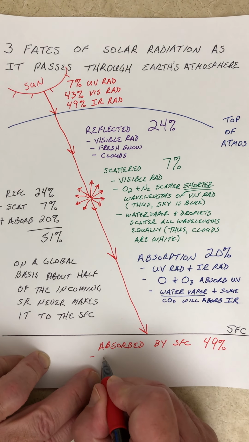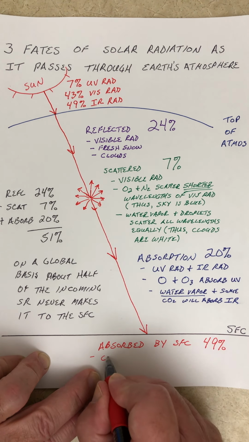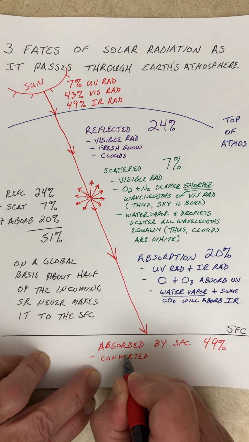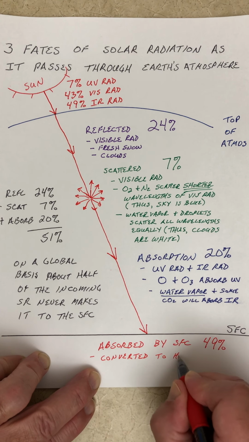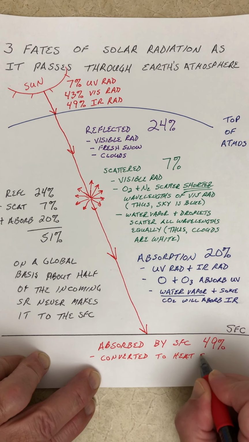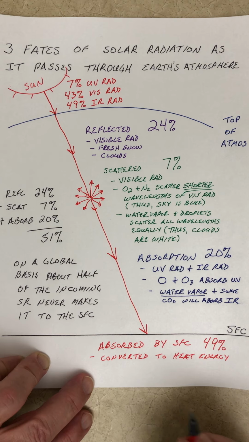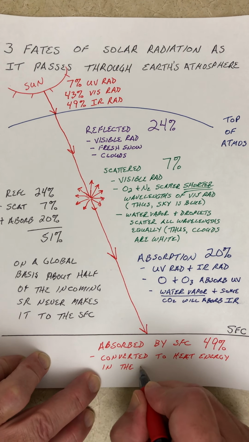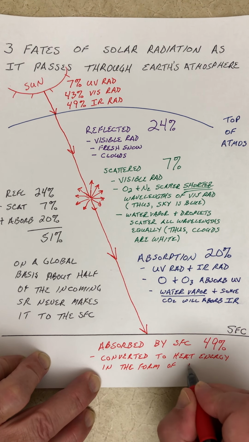And so this energy being absorbed, solar radiation absorbed by the surface, is going to be converted to heat energy, and it's going to be in the form of infrared radiation.